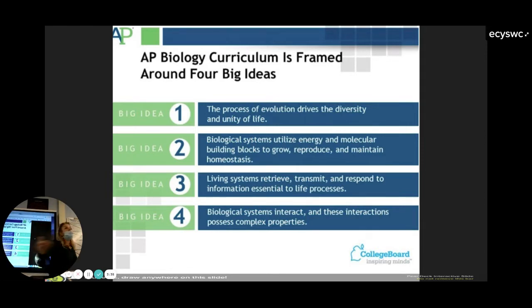Systems. Population is just one species. Community is what? Multiple species. And then ecosystem, what are you bringing in? Environment. And then biosphere is where all living things exist, right? All right. Okay, that's only a little scary.